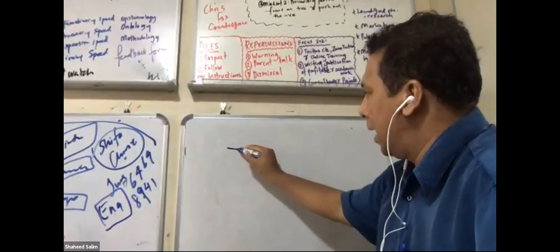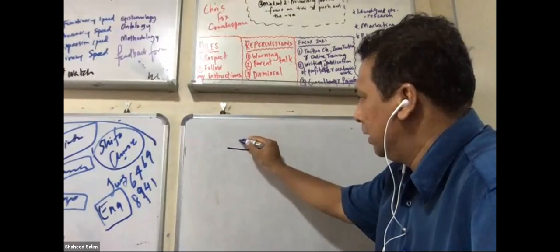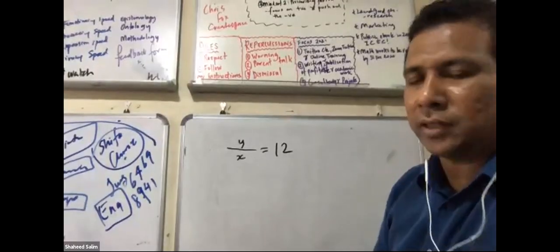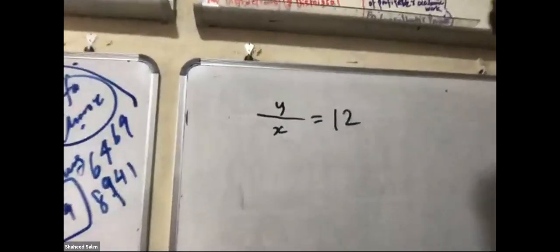Now I'm going to ask you to do this question, okay? Can you find the value of x? You try on a piece of paper. You can use the seesaw method.